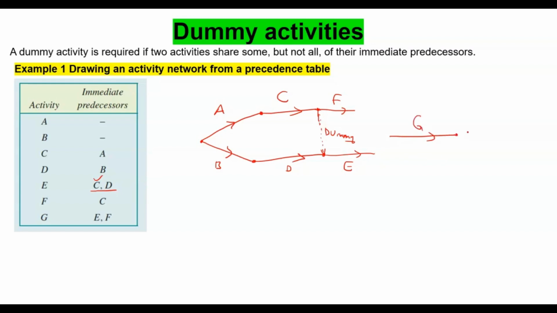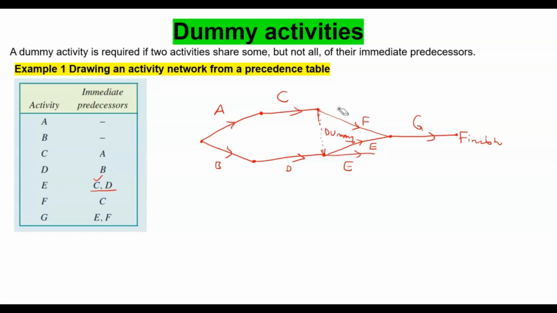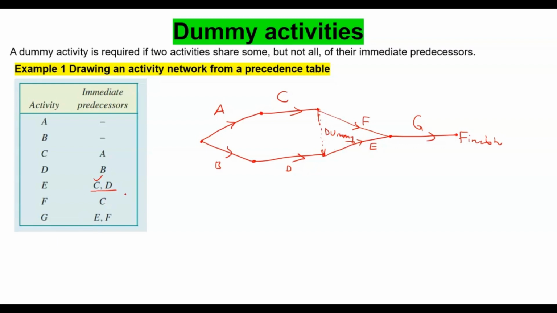That's the finish line. So I have to do some adjustment again. So that's activity E, that's activity F, and I'll wrap it off to make it nice and clean. That's where your dummy is, just to make sure we fulfill all the requirements of the table.